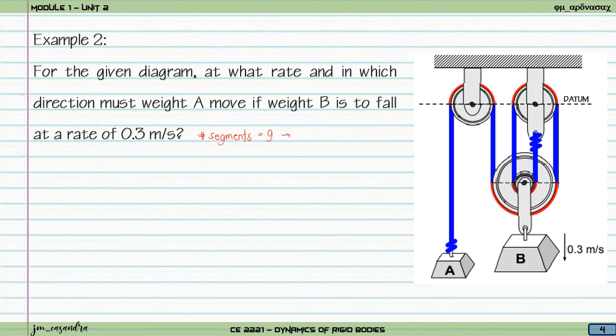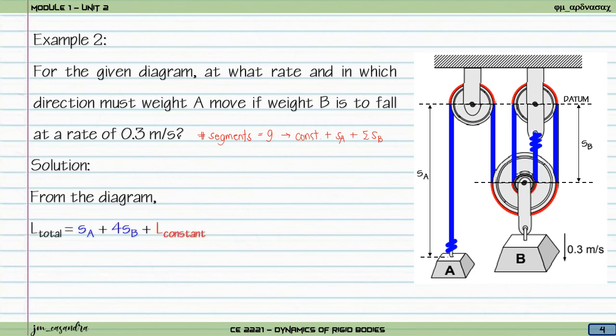So this will again be composed of constant segments plus segment length that is changing when you are pulling A plus segments of cord that will change when we pull B. Okay, so with this, we can now write our equation as the total length is equal to SA plus 4SB, 1, 2, 3, 4, plus our constant lengths.